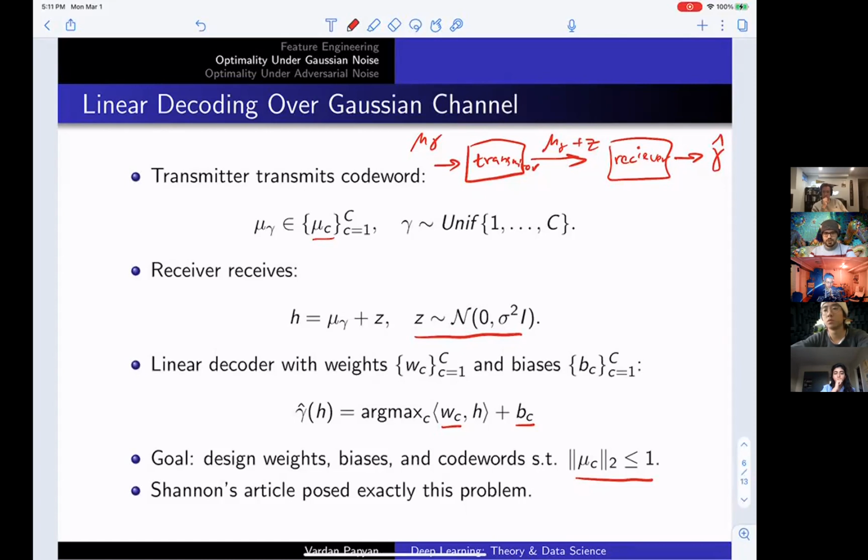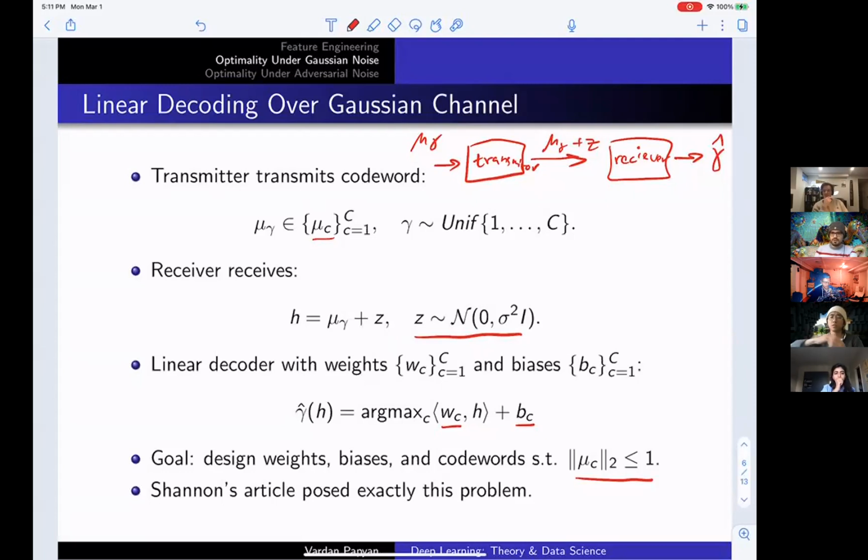Now, here's a question. A 1 minute summary of the problem, losing a big picture view.